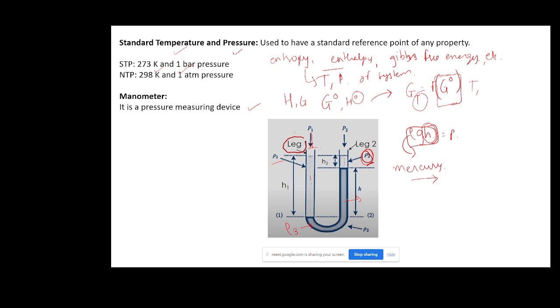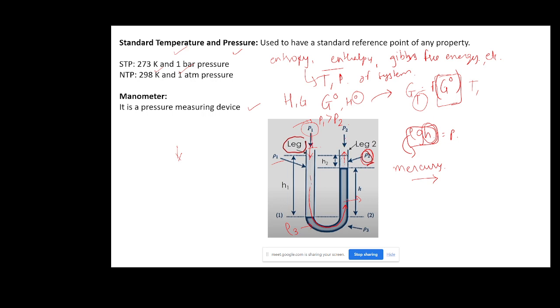Now suppose P1 is greater than P2. Since pressure is related to force, higher pressure means more force applied on a unit cross-section area. So for the same cross-section area, higher P1 means more force here, and it will result in the travel of this fluid through the entire U-tube, shifting the liquid upwards.